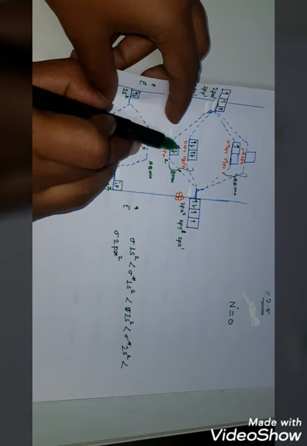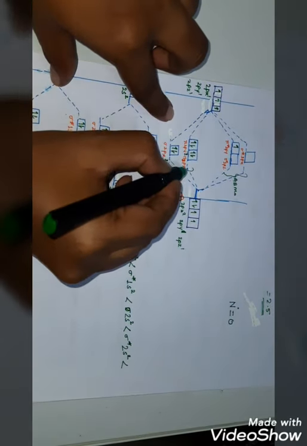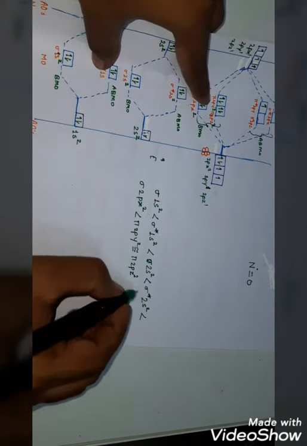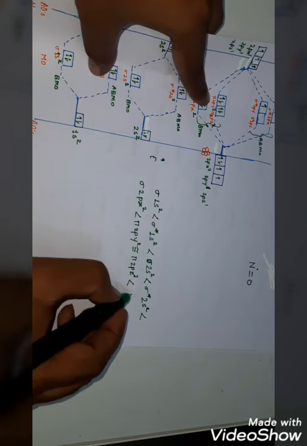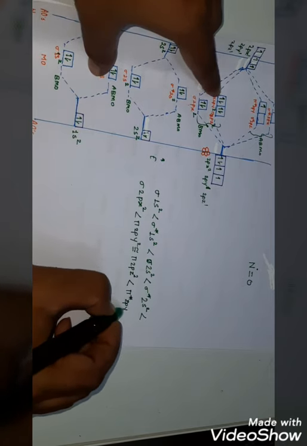After that pi 2py2 and pi 2pz2, so pi 2py2 is nearly equal to pi 2pz2. After that, more energetic is pi star 2py1.